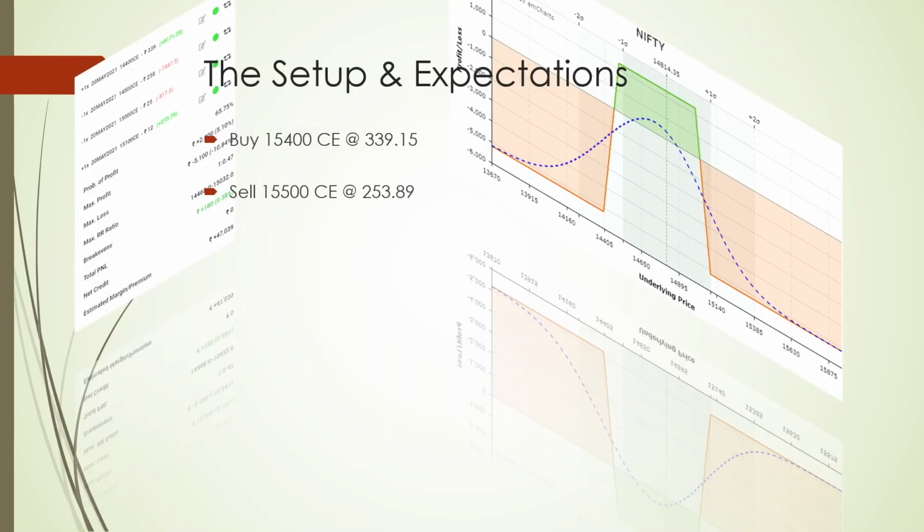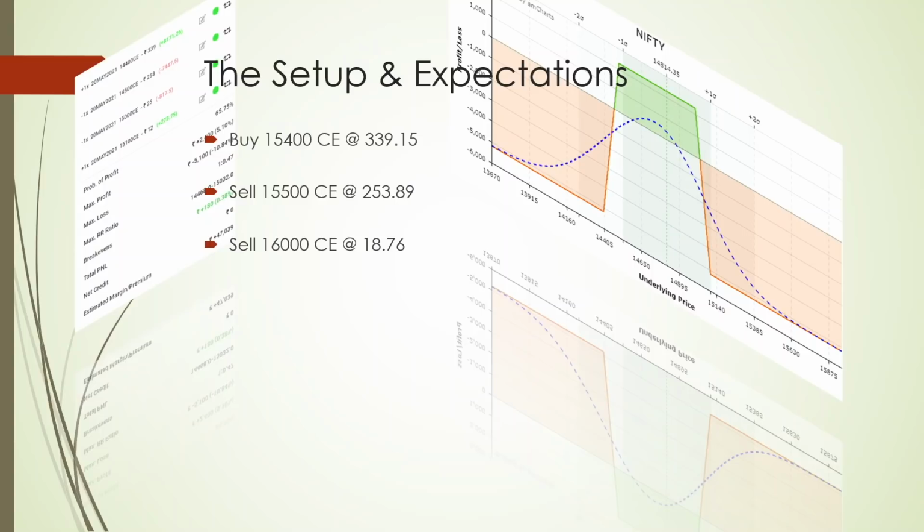This is for one lot. I have done it for 4 lots, 300 quantity. So what I'm going to explain is for 300 quantity, because the call condor strategy I have explained with one lot. Now the actual trade I have done is 4 lots, so 75 multiplied by 4 is 300 quantity. So the 300 quantity only I am going to talk about today throughout. Okay.